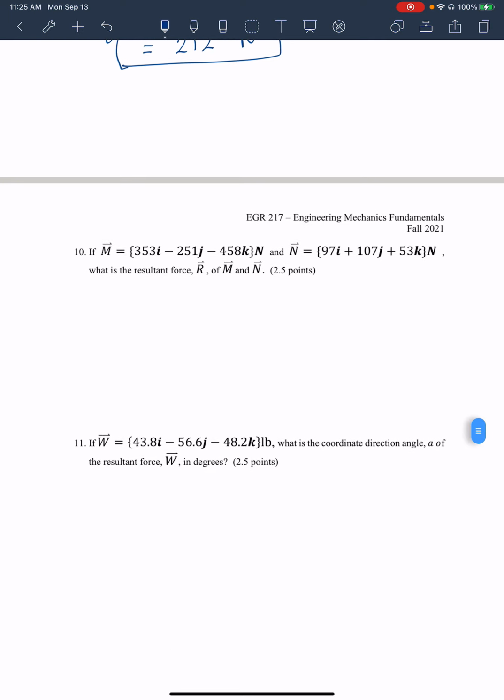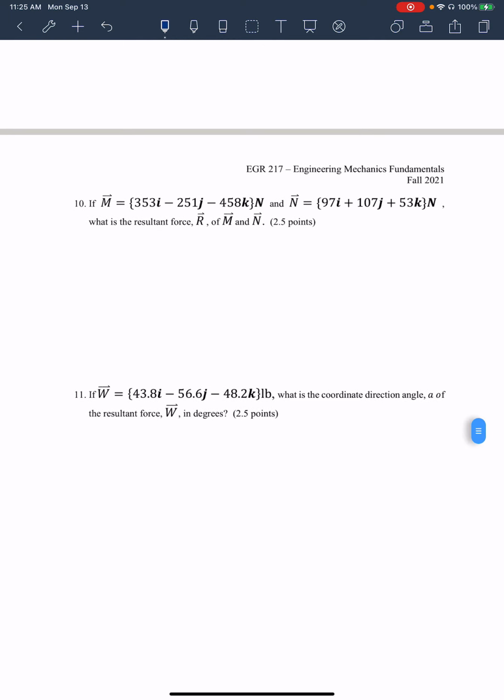And now question 10. If m equals 353I minus 251J minus 458K newtons, and n equals 97I plus 107J plus 153K newtons, what is the resultant force R of m and n? So R equals m plus n. R equals, so we're just adding this, so 353 plus 97.